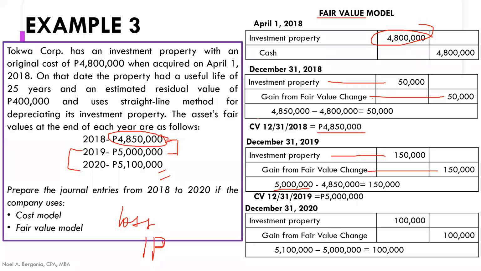Okay, so we are done with our measurement after subsequent recognition. Later we will have an additional problem after some of the topics to be discussed. Okay, so the next topic for this discussion will be about the transfer.